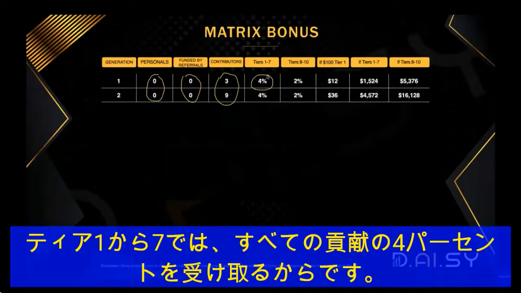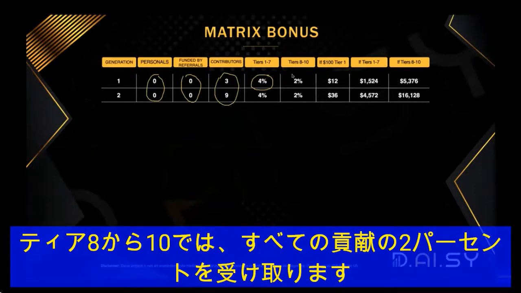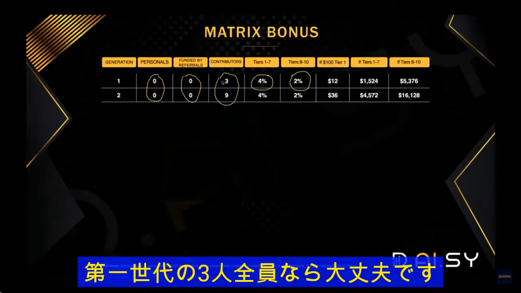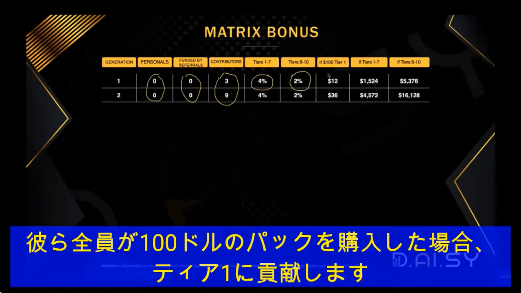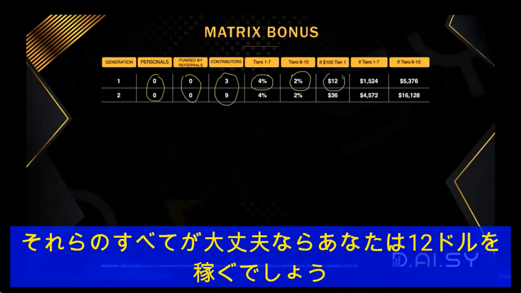Because on tiers 1 to 7, you get 4% of all contributions. And on tiers 8 to 10, you get 2% of all contributions, okay? So if all 3 people on the first generation contribute to tier 1, if they all buy the $100 pack, you will earn $12, okay?